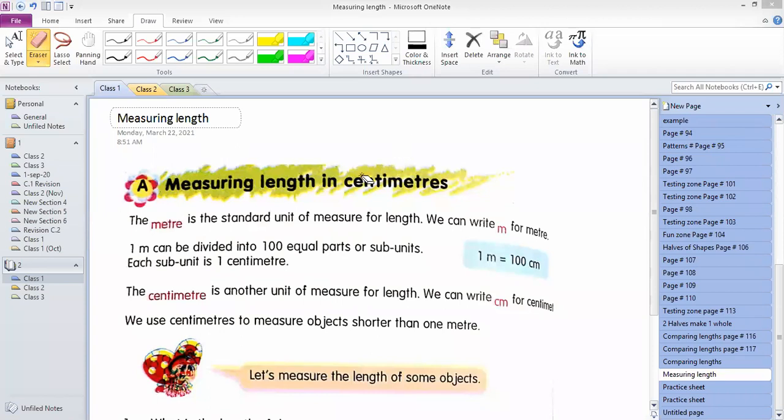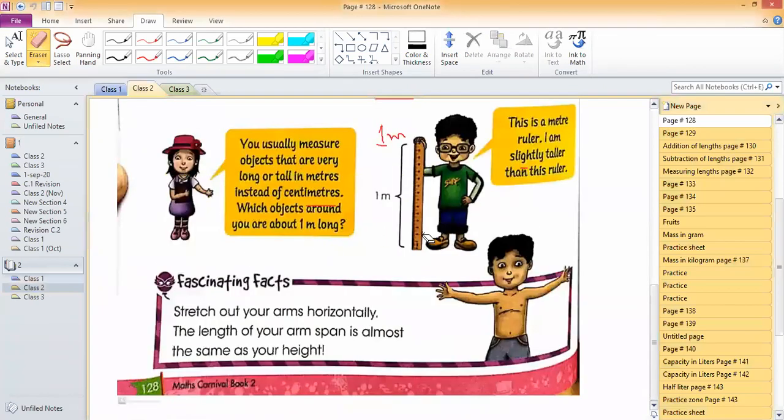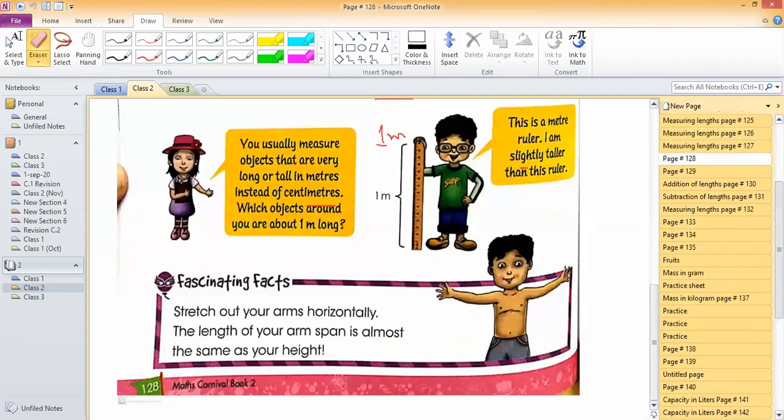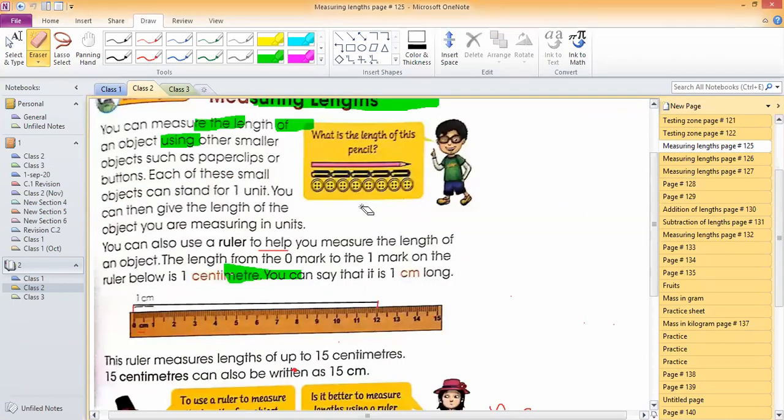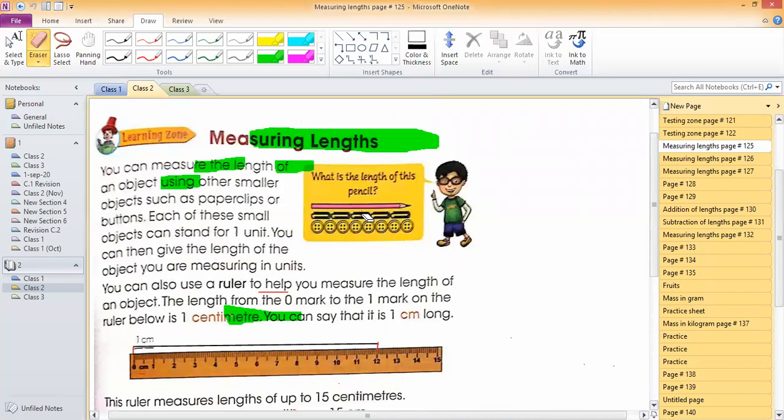All right, guys. So we are going to talk about measuring length. Guys, we can measure the length with the help of paper clips and buttons also. First I'll tell you how we can measure the length with the help of paper clips or buttons. Look, this is the length of the pencil.